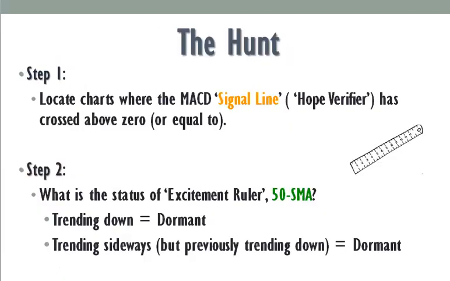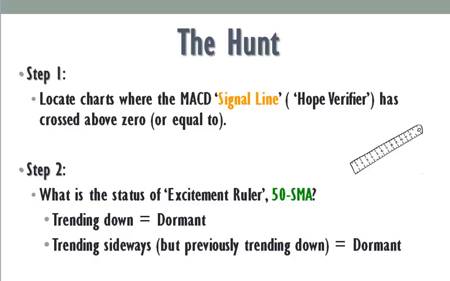So for our first example, our first step is the hunt, and within the first step we have step number 1, which is we need to locate charts where the MACD signal line has crossed above 0 or is equal to 0. So in other words, it's 0 or a positive number, and we want to look at the signal line as what I like to call the hope verifier, meaning if you think back to our psychological stages, we want to be at a place where hope is about to transition into excitement.